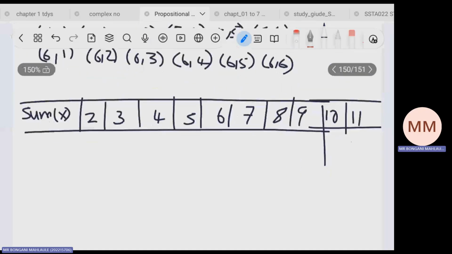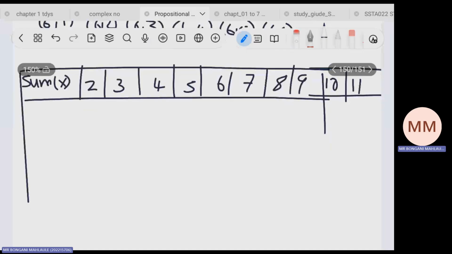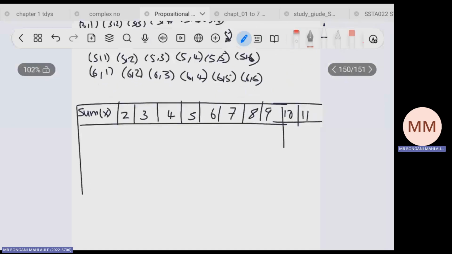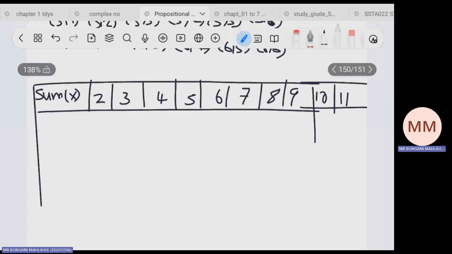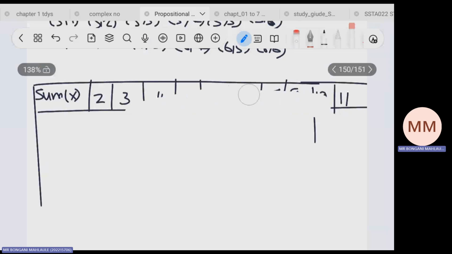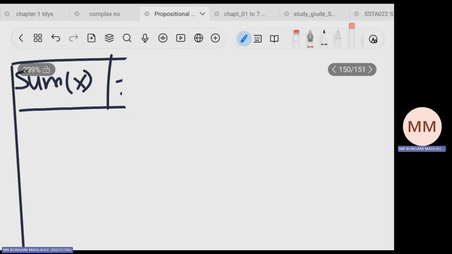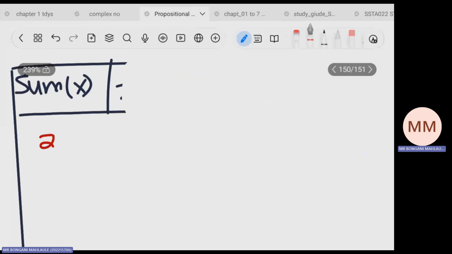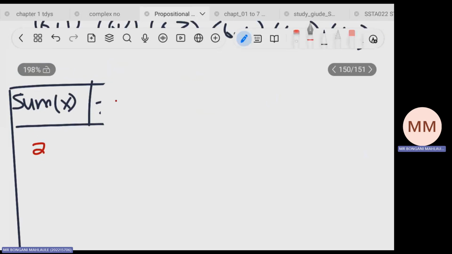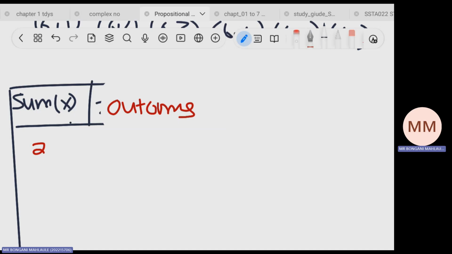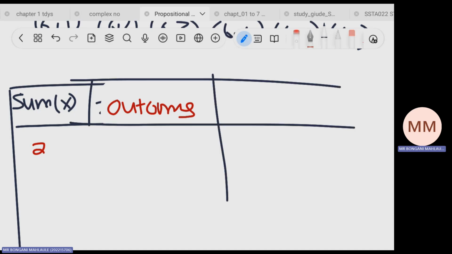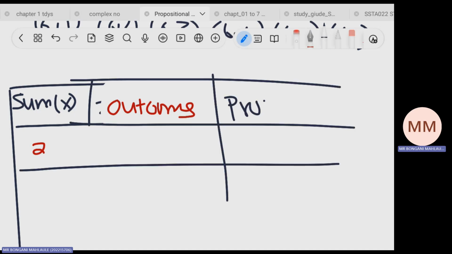Unfortunately, I'm not going to be able to squeeze all of them up, but let's just write them the way I want. I'll write them one by one. We have 2, then the outcomes, just write them here, then the probabilities.